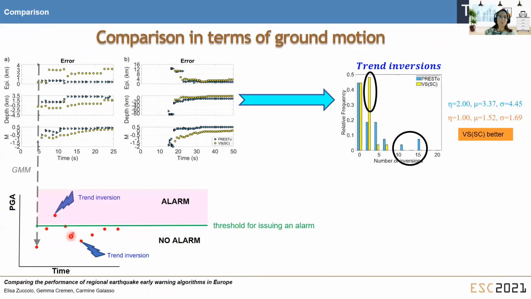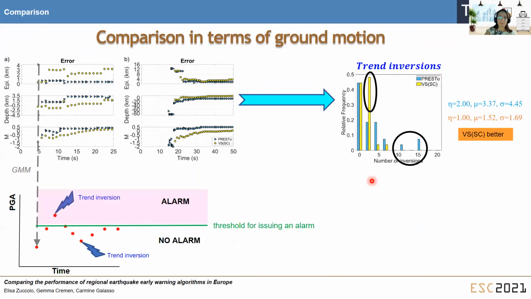Our analysis shows that the number of inversions for VS in SeisComP is lower on average and has a smaller standard deviation. VS in SeisComP has also a slightly greater number of cases with 0 inversions. Conversely, PRESTo has some cases with more than 10 trend inversions. Therefore, we concluded that the integrity of the early warning alarm issued by the VS in SeisComP algorithm is higher than that for PRESTo.